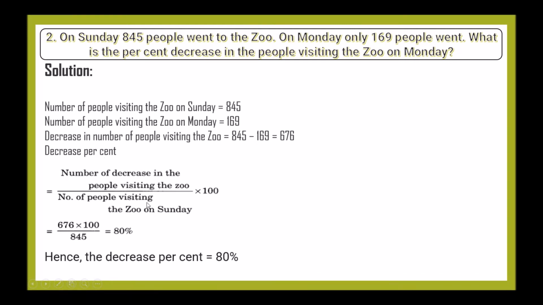So decrease percentage equals the decrease in the number of people visiting the zoo upon the number of people visiting the zoo on Sunday into 100. So 676 into 100 upon 845, that is 80%. Hence the decrease percentage is 80%.